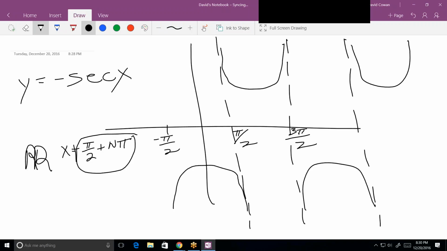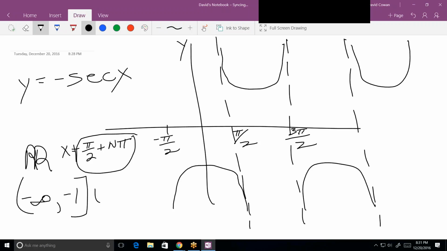More importantly, what's the range? The range? The y-axis, the range is always the allowable y values. Would it just be infinity? Negative infinity, always start from the bottom. Negative infinity to negative 1. Bracket or parentheses? Bracket. Good.